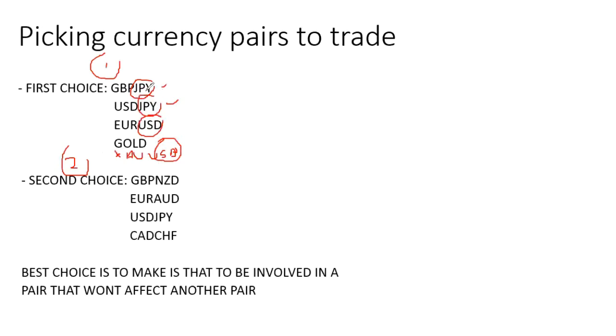So imagine you're buying this and selling this. If you're buying this, you're saying this one is going down. But if you're selling this, you're saying this one is going up. So you see how that affects the first choice. Trading like in the scenario with the first choice is not suitable.